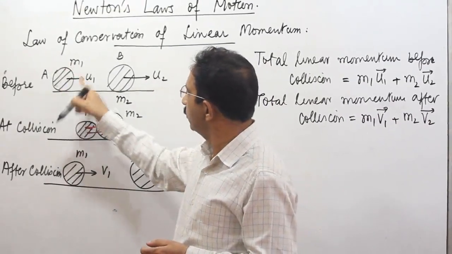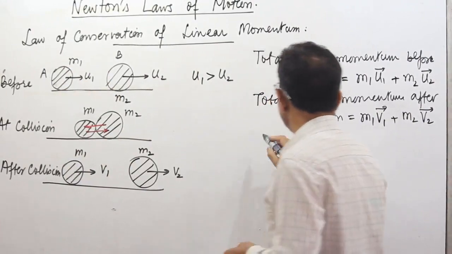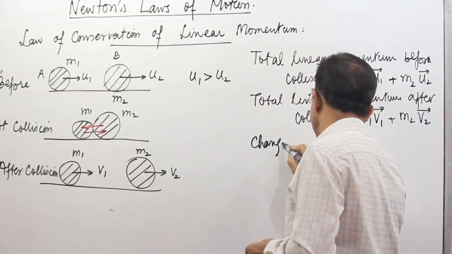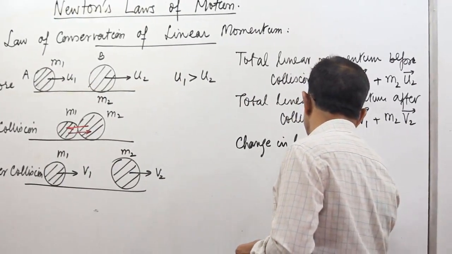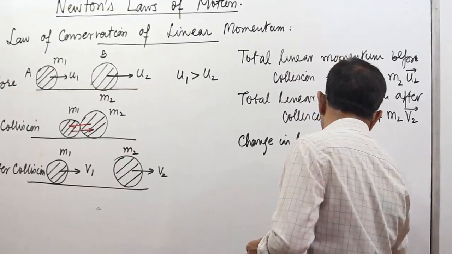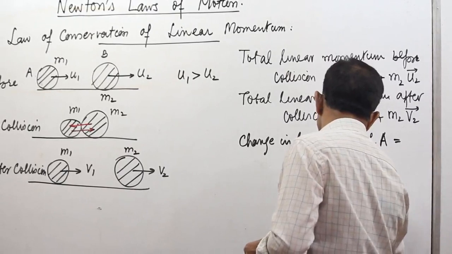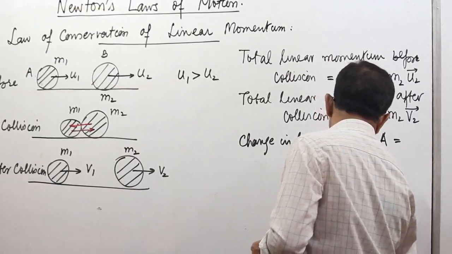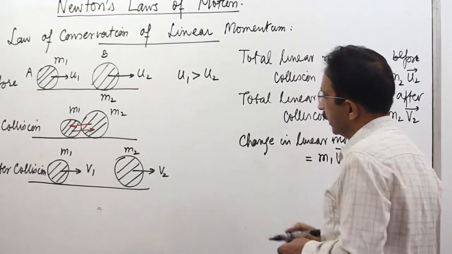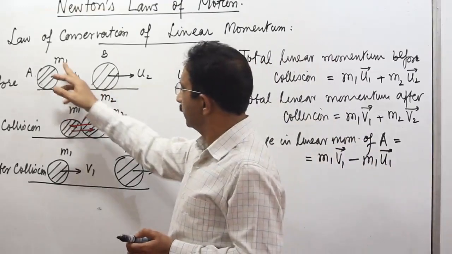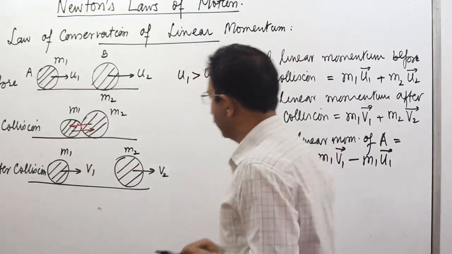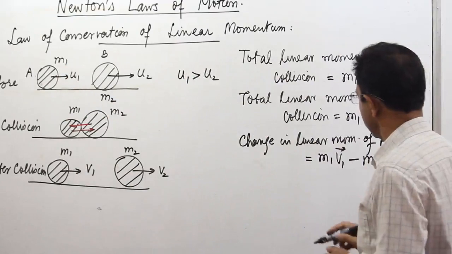Initial was m1 u1. So we can think of the change in linear momentum of body A, which is equal to m1 v1 minus m1 u1. So m1 u1 is its initial momentum, m1 v1 is the final. So we subtracted them.